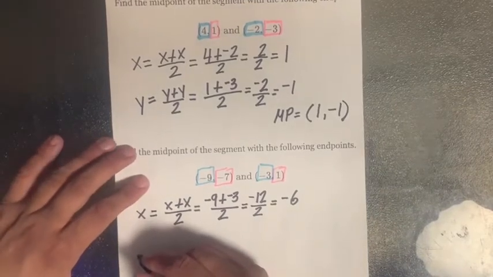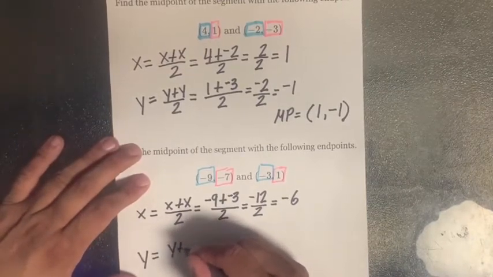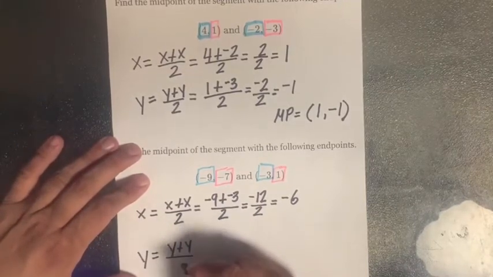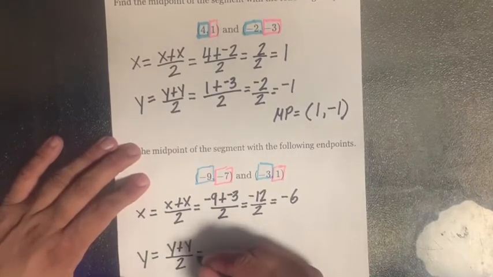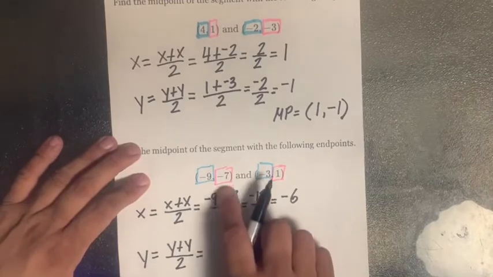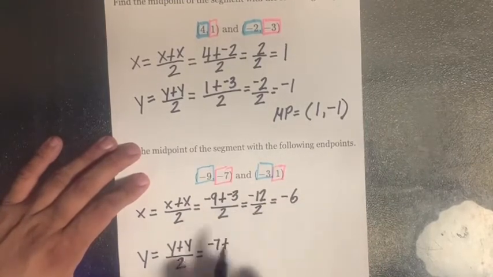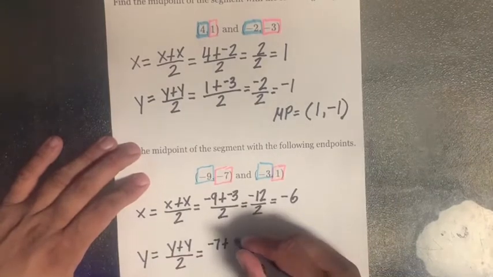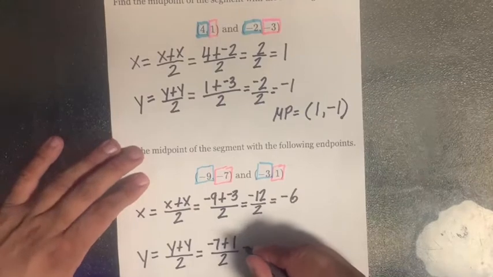Now we're going to find our y. Y is equal to y plus y divided by 2. Because we're finding the middle, divided by 2. Our y's are in pink, so we say negative 7 plus, always plus, 1. Divided by 2 here, bring it over.